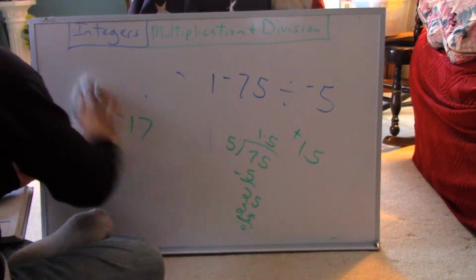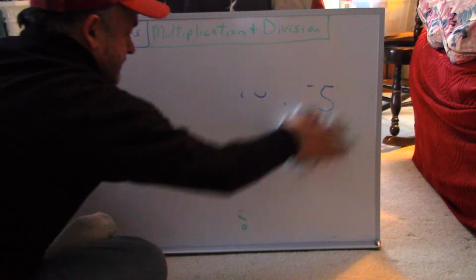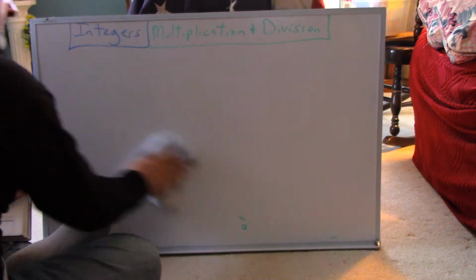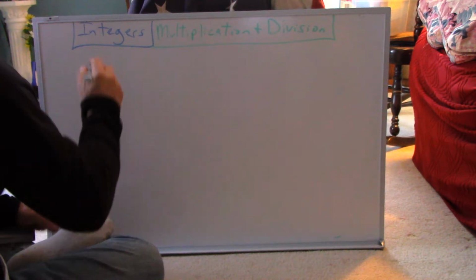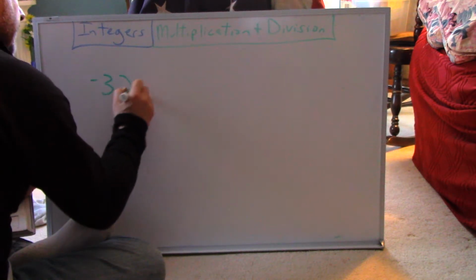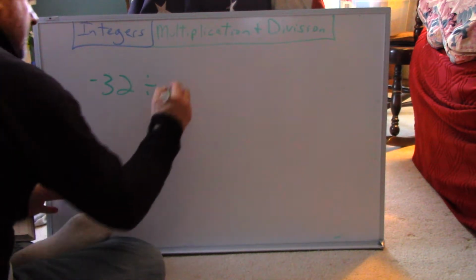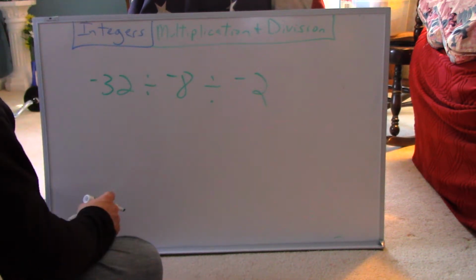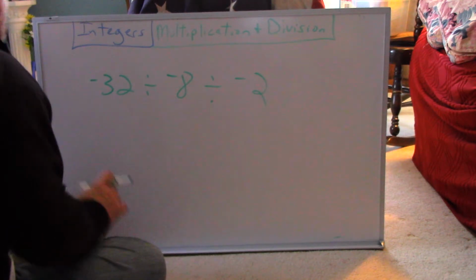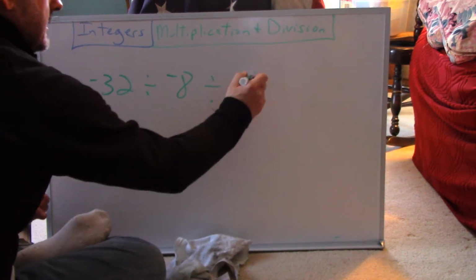All right, let's do some other crazy things here with this. Now, of course, you're going to see this all over the place when you start thinking about it. Well, here's one. Negative 32 divided by negative 8, which is divided by negative 2. Okay, there we go.